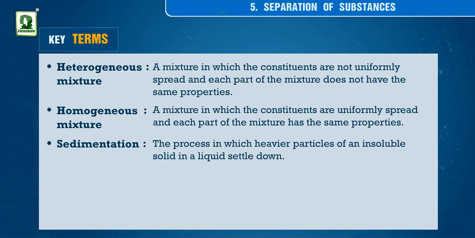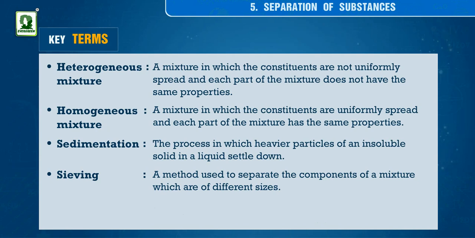Sedimentation, the process in which heavier particles of an insoluble solid in a liquid settle down. Sieving, a method used to separate the components of a mixture which are of different sizes.